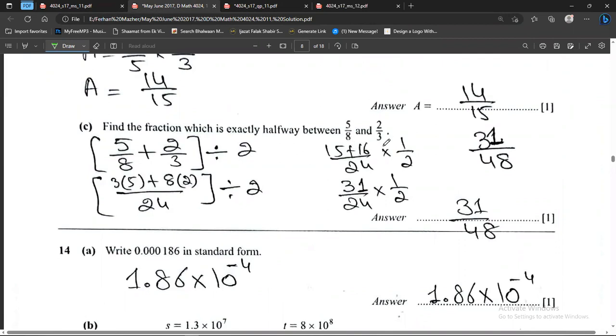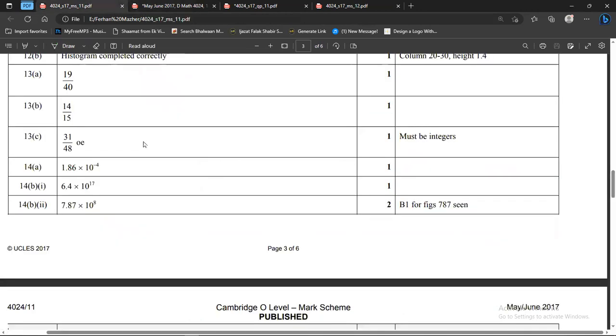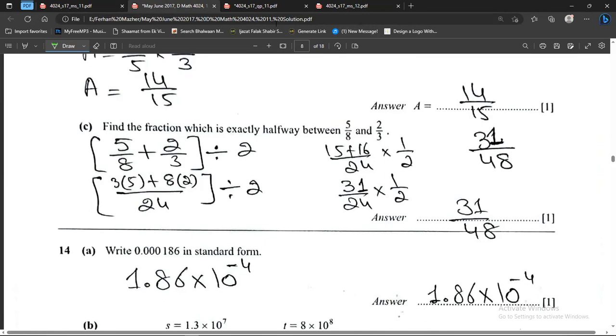That will be 15 plus 16, the whole thing divided by 24. When you convert this divide sign into a multiplication sign, you will have 1 by 2 here. So it will be 31 by 24 multiplied by 1 by 2, so you will have 31 by 48. 31 by 48 is the right answer, sir.